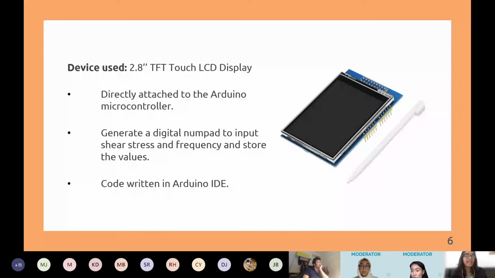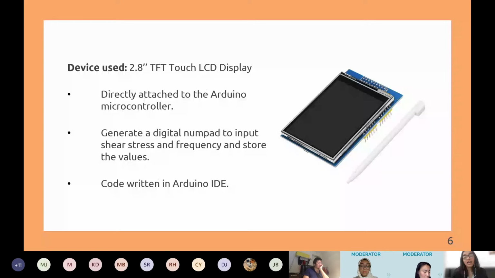This device could be directly attached to the Arduino Uno board and does not require any other circuit elements for setup. As this is a touchscreen device, it does not require an external keypad, unlike the other display devices. So the fact that it did not require an external keypad supported the compact design idea.